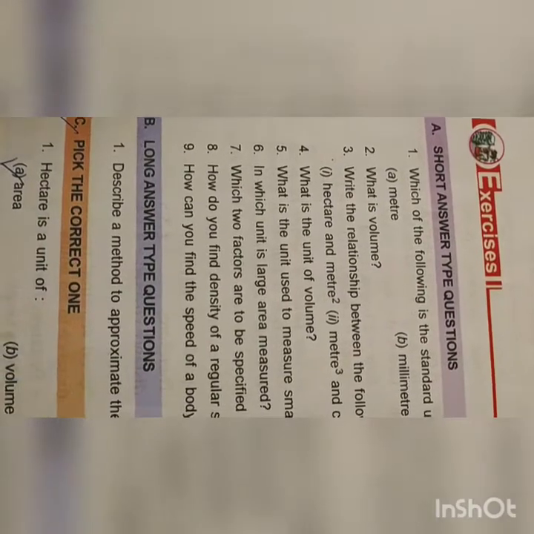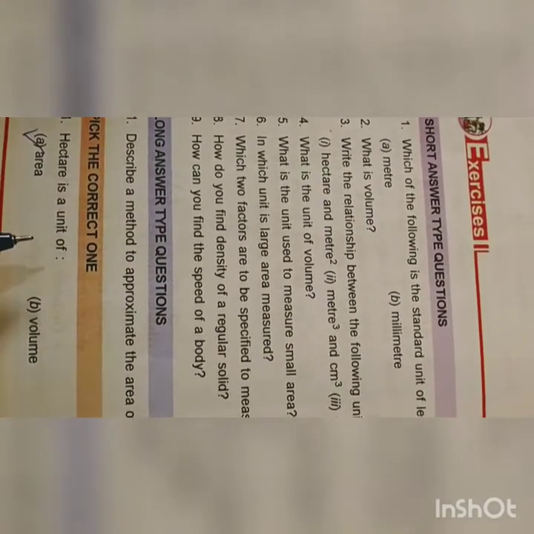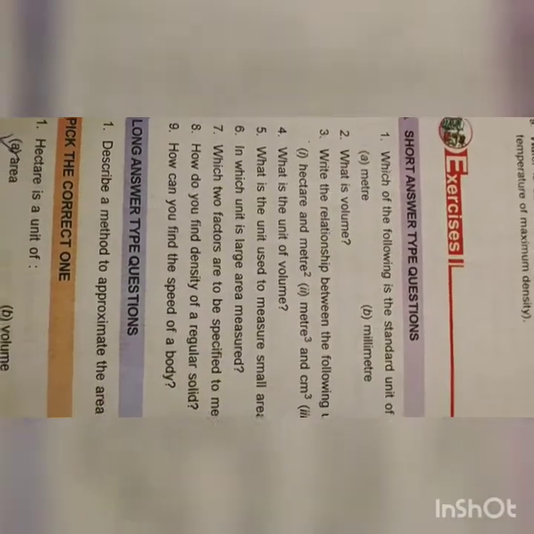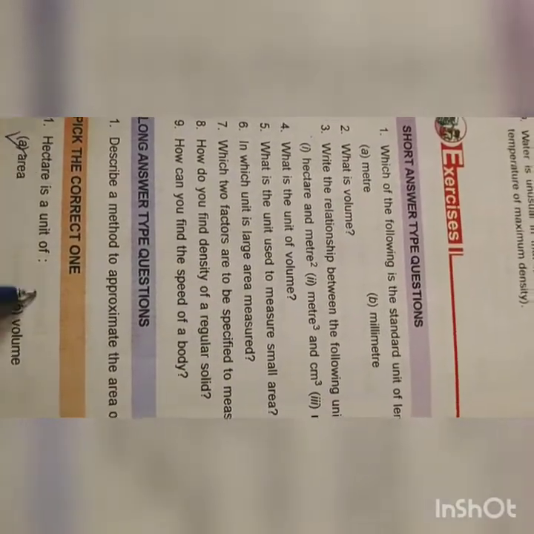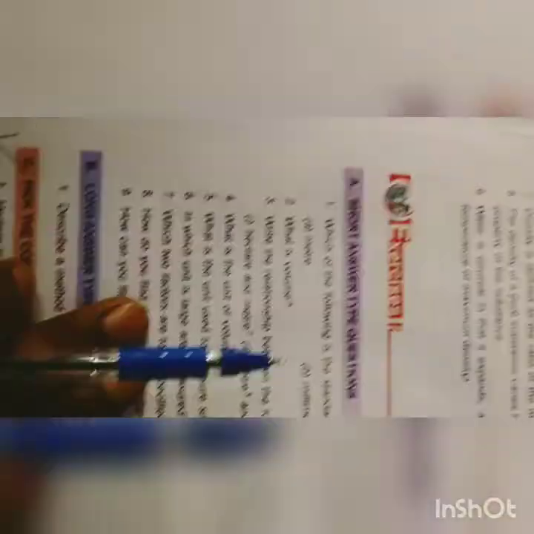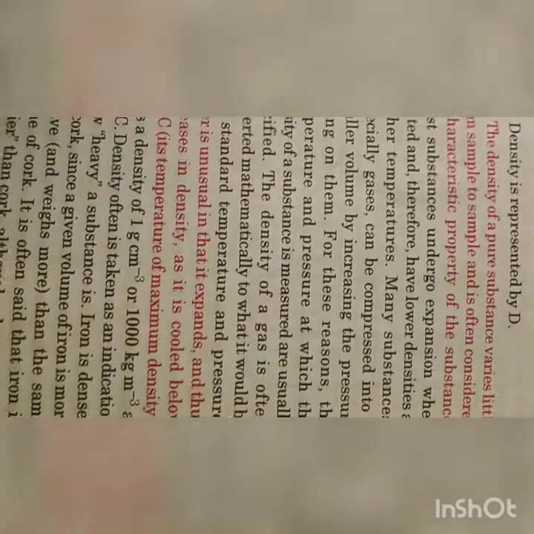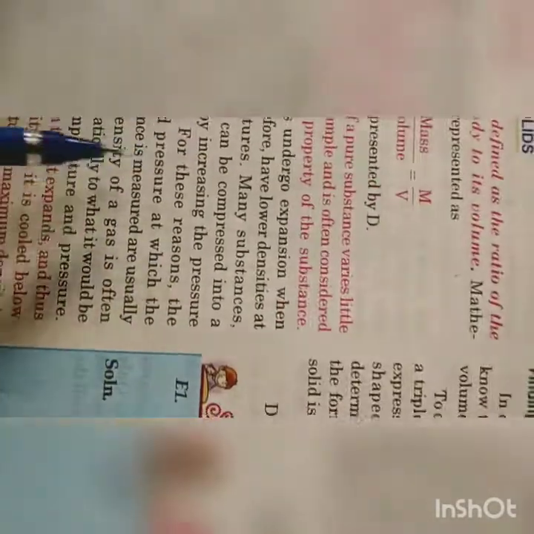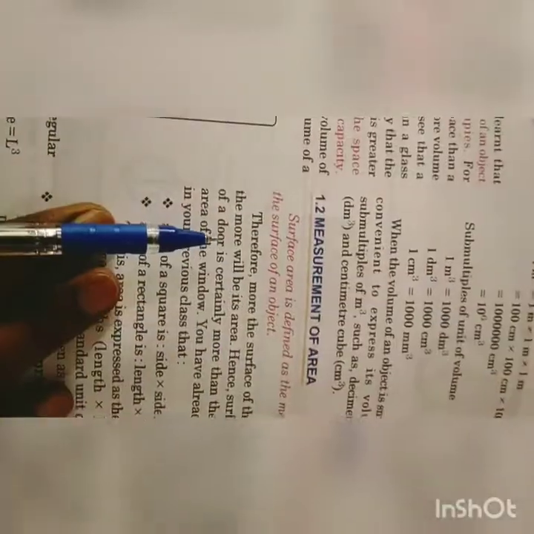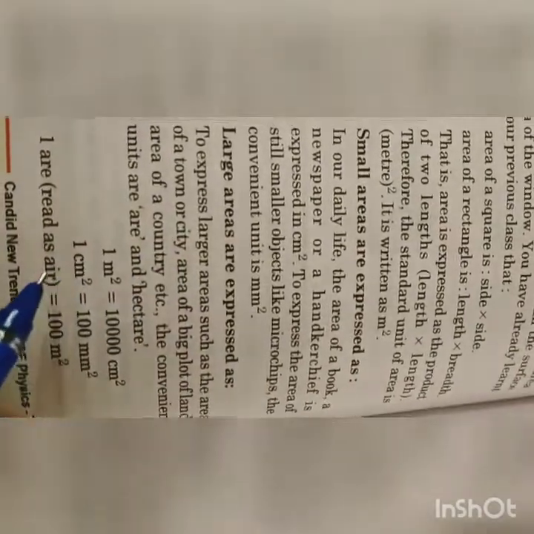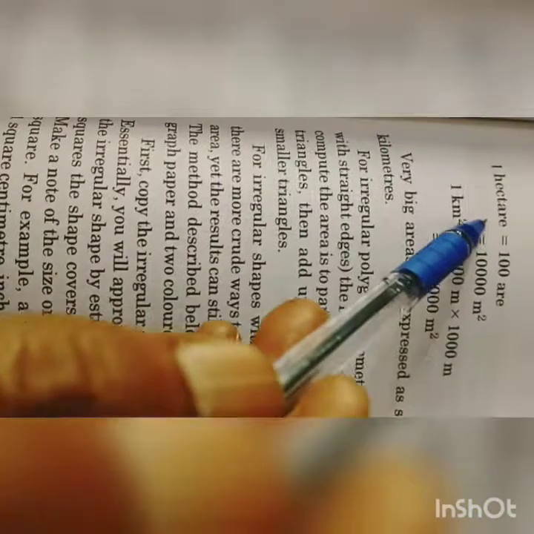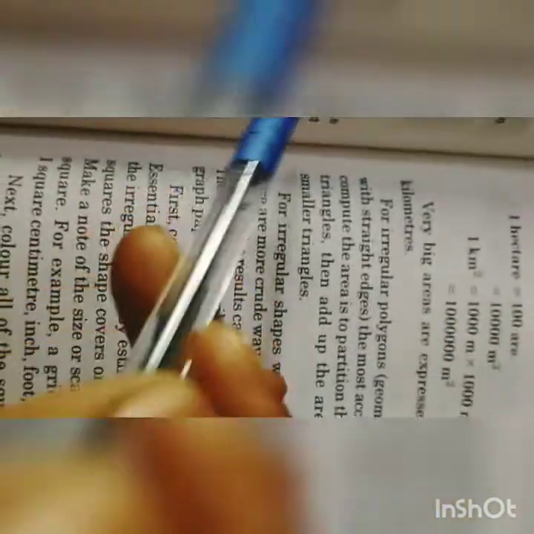Pick the correct one. So it's an MCQ. Hectare is a unit of... So hectare, you have studied, it's given in the book also. Hectare, look here. It's a unit of area.